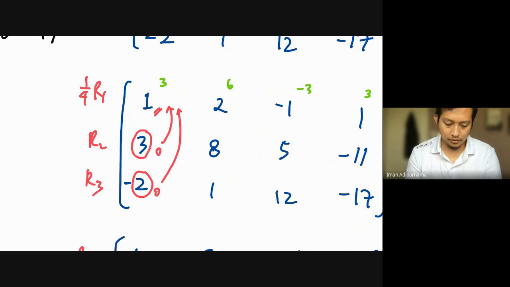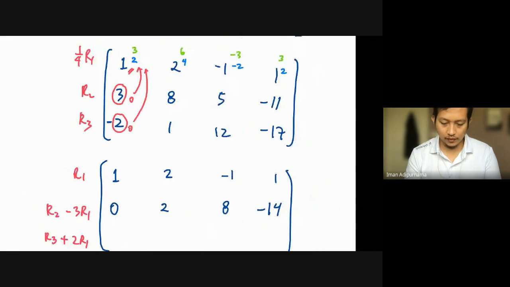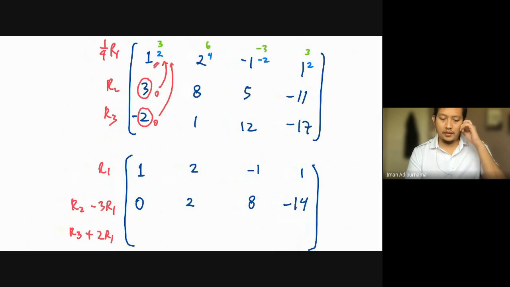Use light blue to take this with multiplication of 2. This is 4. This is negative 2. This is 2. Okay, so negative 2 plus 2 is 0. 1 plus 4 is 5. 12 minus 2 is 10. Negative 17 plus 2 is negative 15.